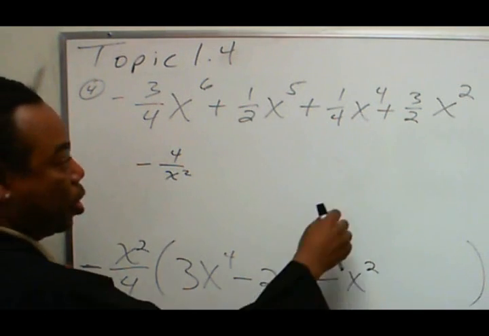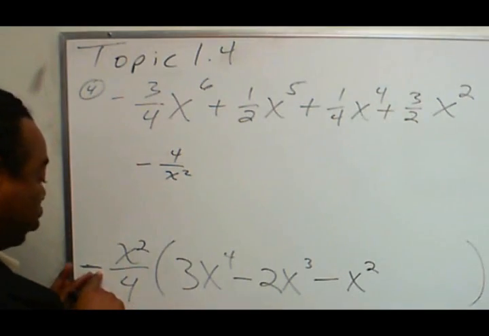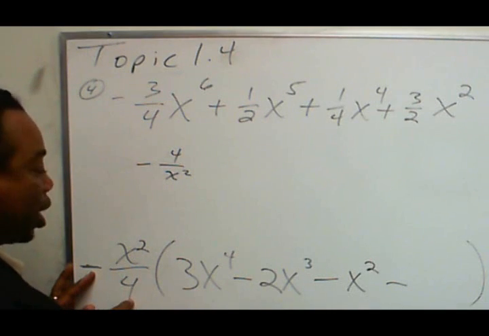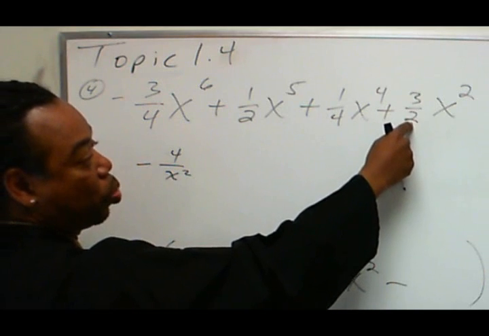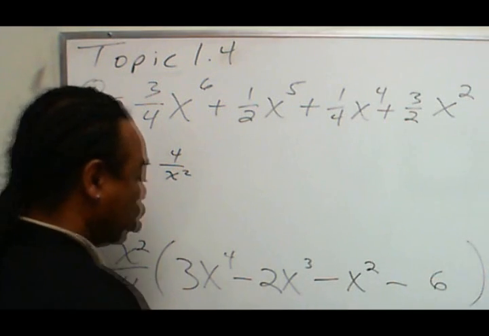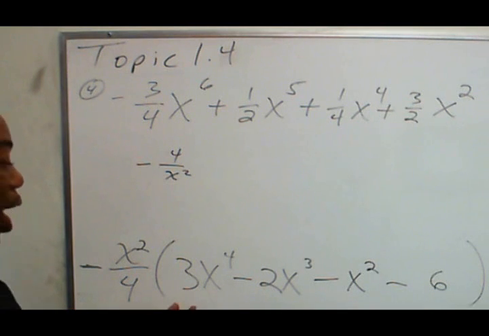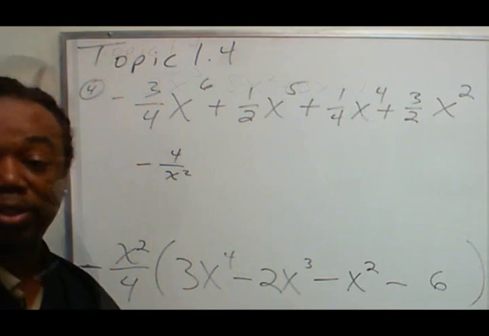And finally, here, dividing x squared by x squared gives us 1, and that's a negative. And then multiplying it by 4 will give me 12 over 2, which is 6, so negative 6. So originally this problem was negative x squared over 4 times 3x to the 4th minus 2x cubed minus x squared minus 6.